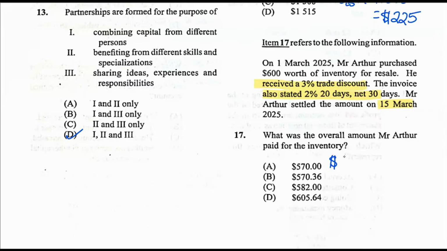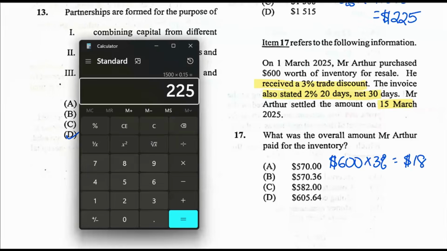If his original total was 600 and he's getting a 3% discount, that means 600 by 3% is $18. So the amount that he will have on his actual invoice will be $582.